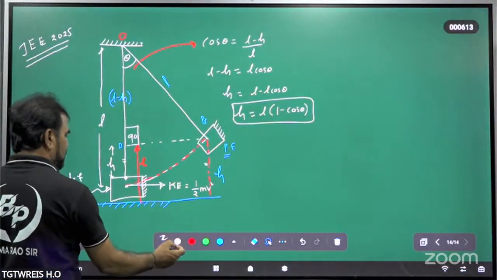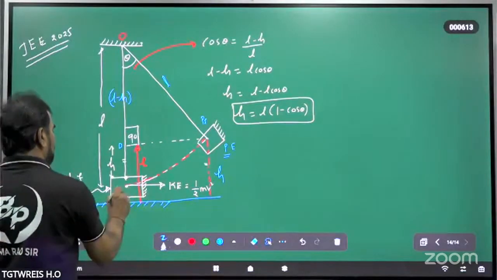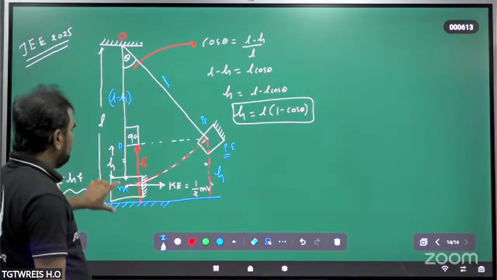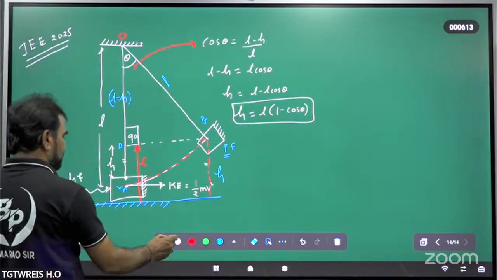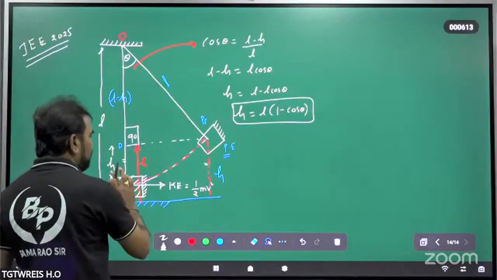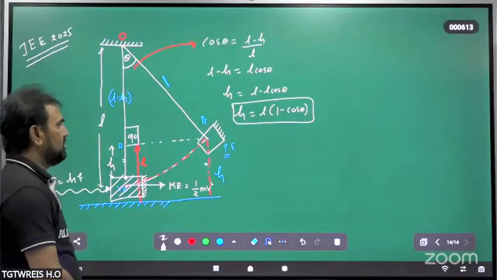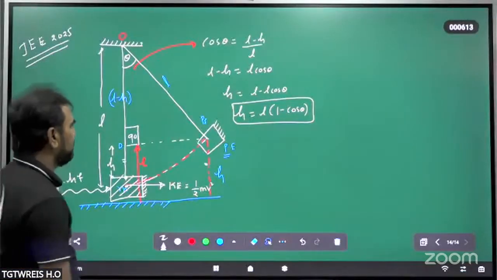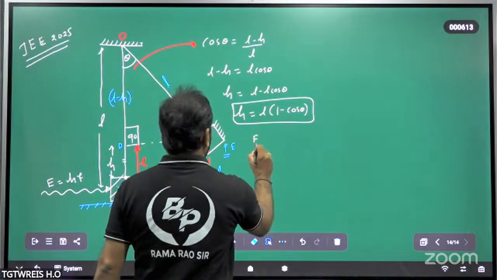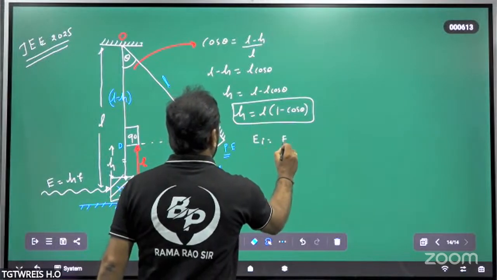Let the mass of the mirror be M. At the initial position, the mirror has only kinetic energy. This kinetic energy is converted into potential energy. According to the law of conservation of energy, initial energy Ei is equal to Ef.